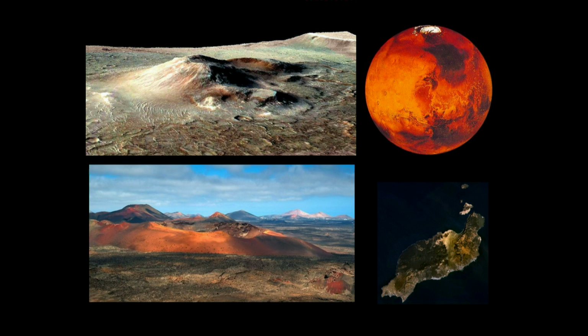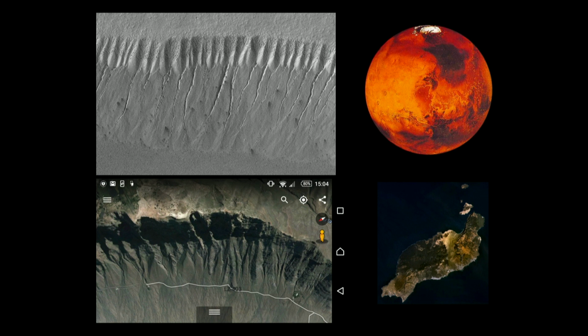This is the same picture, Nili Patera and the El Corazoncito caldera. Similar structures about the gullies on Mars, and here the same gullies on the border, on the north part of Lanzarote.